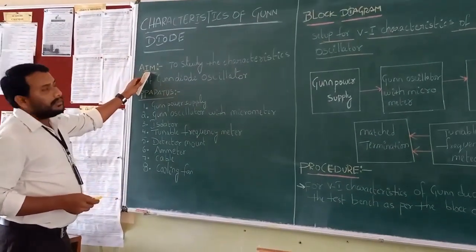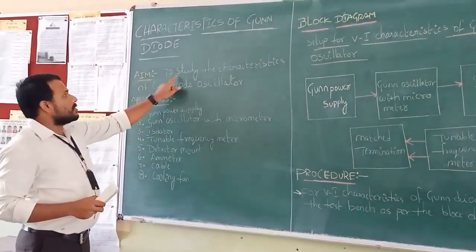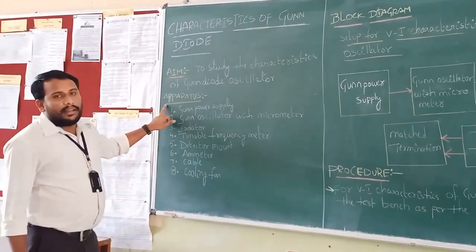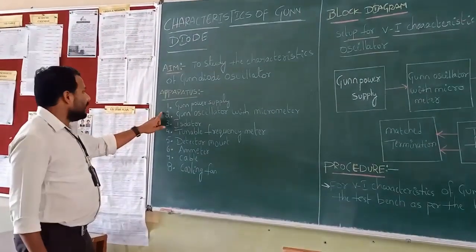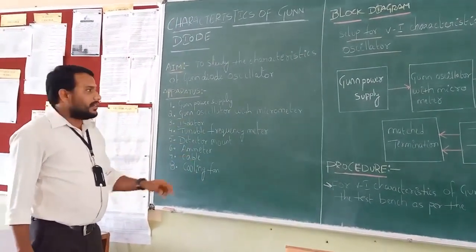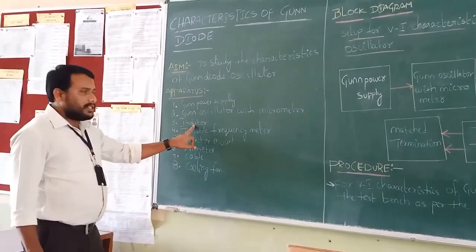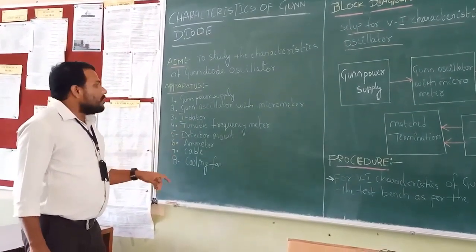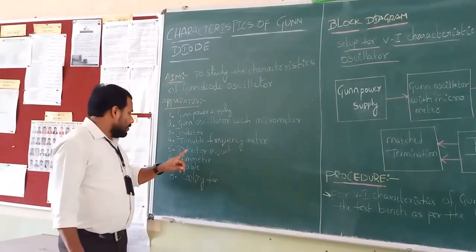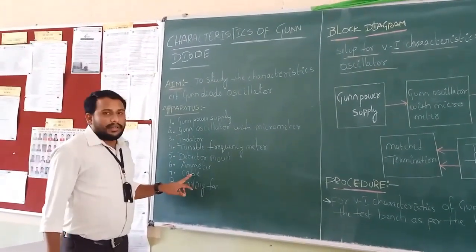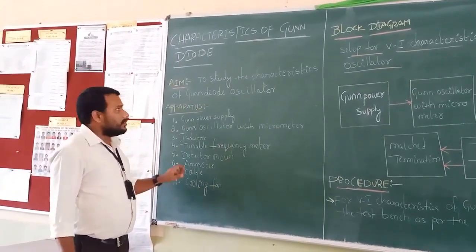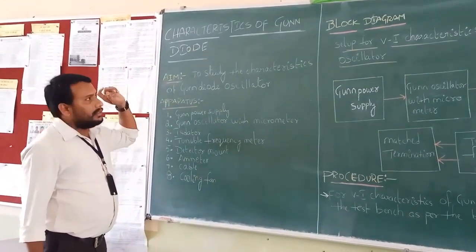The aim of the experiment is to study the characteristics of a Gunn diode oscillator, and the required apparatus for this experiment is: first, Gunn power supply; second, Gunn oscillator with a micrometer; third, isolator; fourth, tunable frequency meter; fifth, detector mount; sixth, ammeter, cable, and cooling fan. So these are the required apparatus to do the experiment.